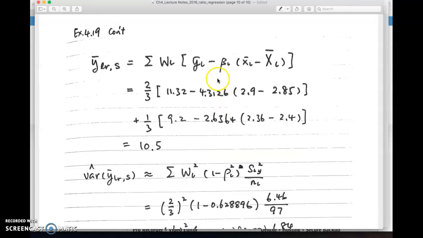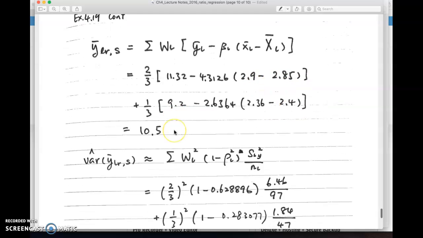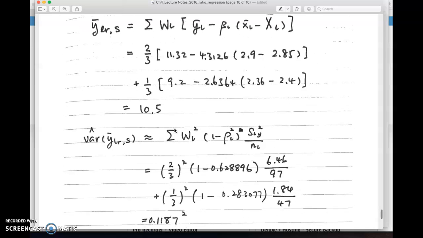Then we can add up the Y bar separately for the male and the females, weighted by their population weighting. For the male group, we use our sample Y bar minus the beta multiplied by the difference between the sample and the population. So Y bar under the linear regression separate method is around 10.5.